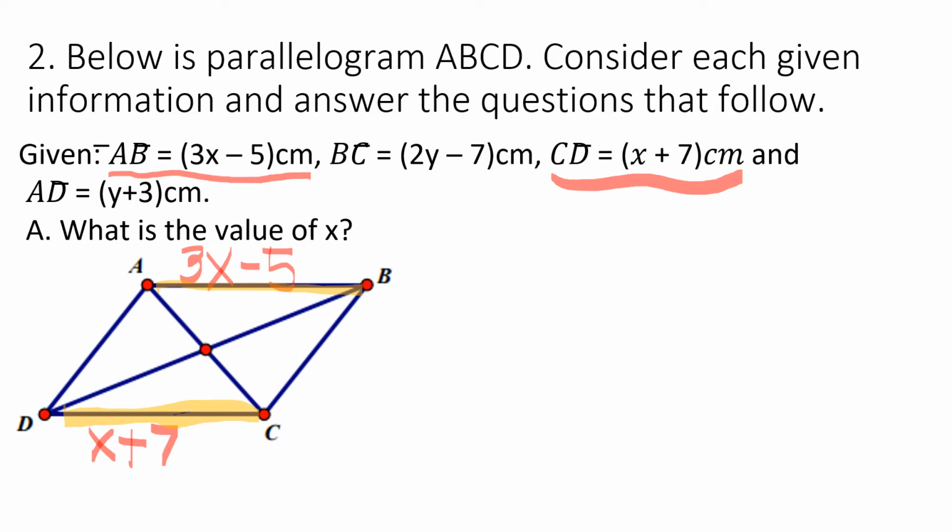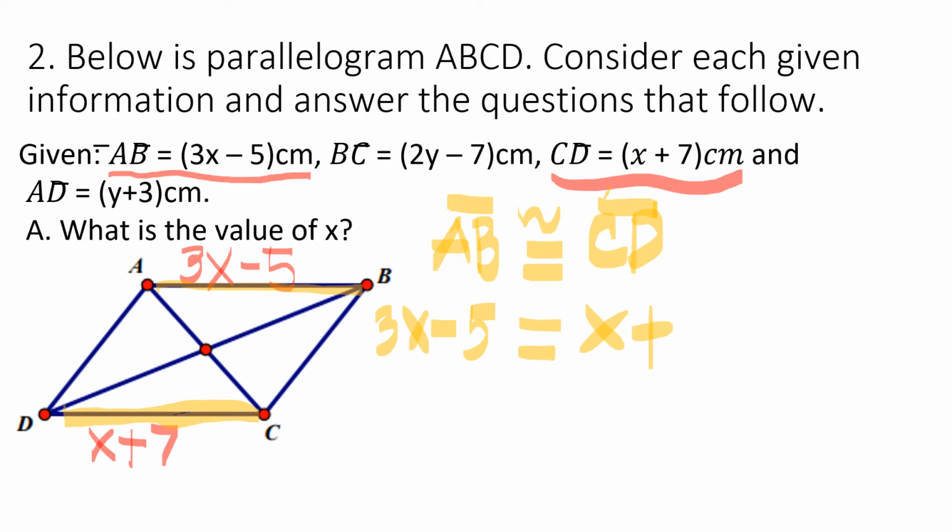So, we can say that side AB is congruent to side CD. Okay? So, let us replace the values. AB measures 3x minus 5. And CD measures x plus 7.